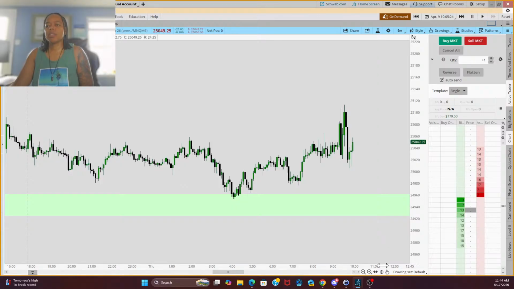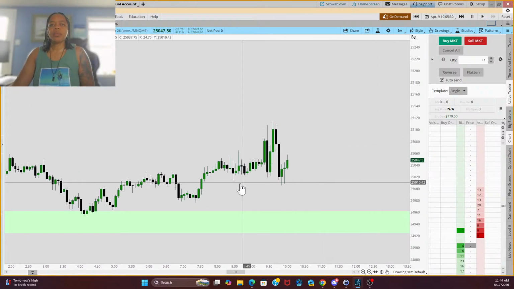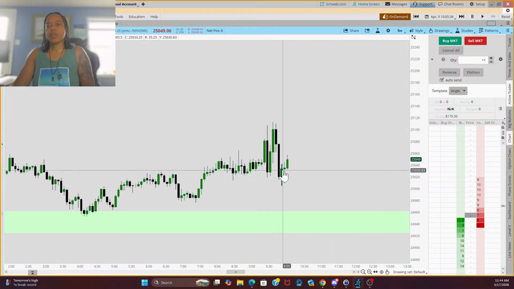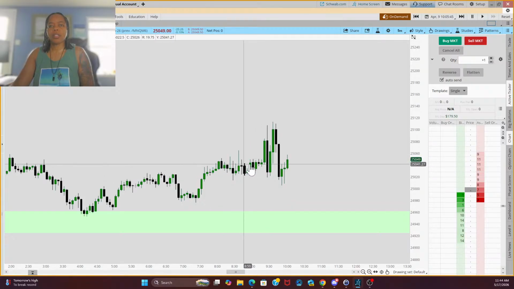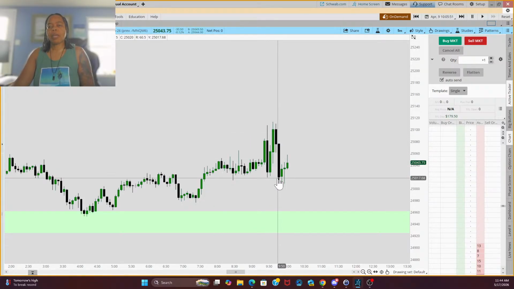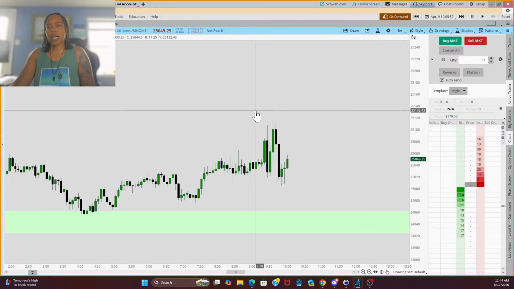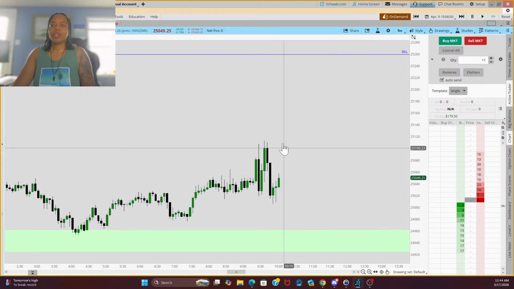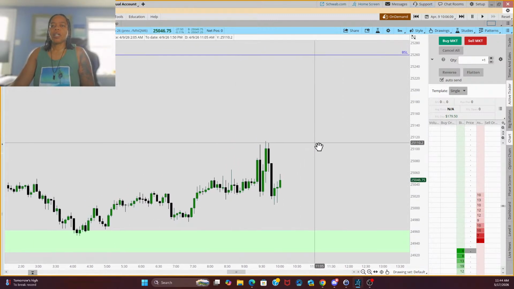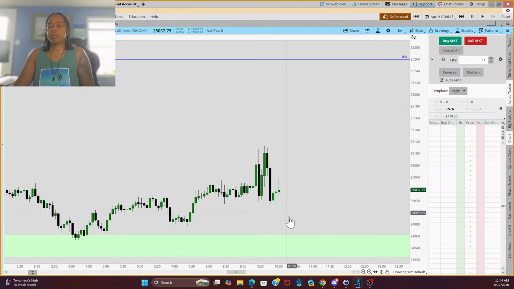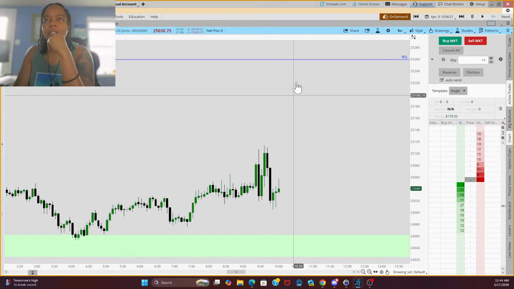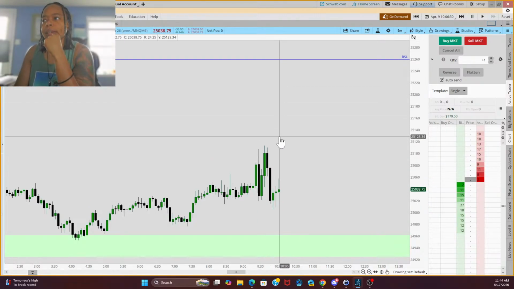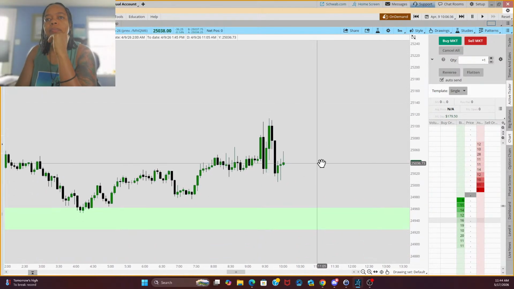So on the 5 minute, this is the accumulation phase. For me, I'm going to call this the sweep since I want it to go higher. And then if we shift above here, that'd be a big stop. It'd be nice if I could get a secondary shift or a continuation trade. That would be nice.